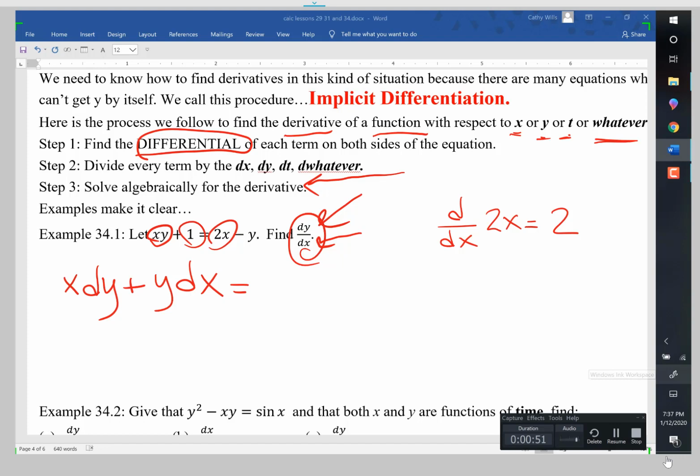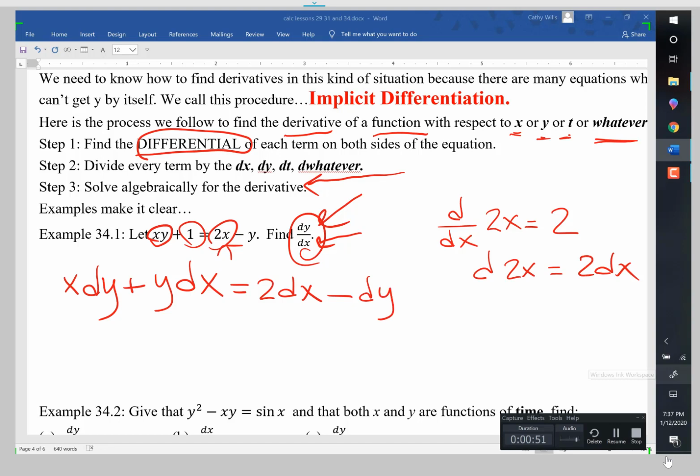The derivative of 2x is 2. Multiply both sides by dx to find the differential. So the differential of the function 2x is 2 dx. So the differential of that term is 2 dx. And then the differential of y is just dy.